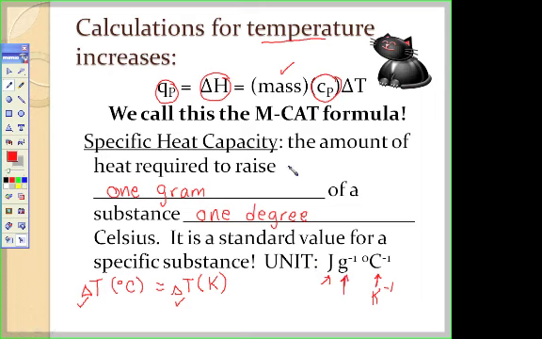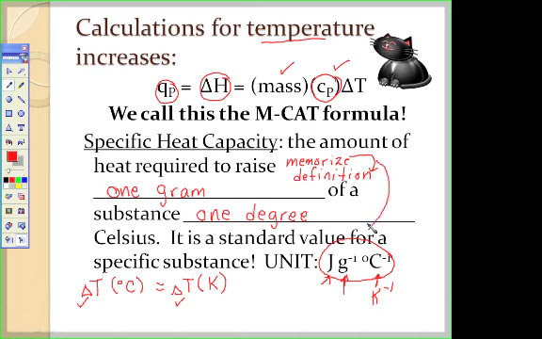Now, you do not have to memorize values. You do have to memorize the definition and use values in a math formula. So memorize your definition, use values in a math formula, but don't memorize values. And you need to memorize the units.